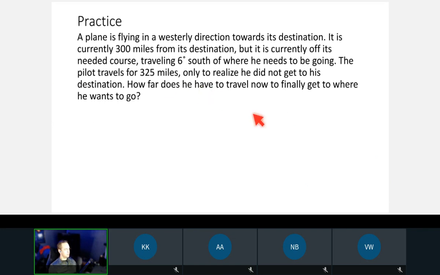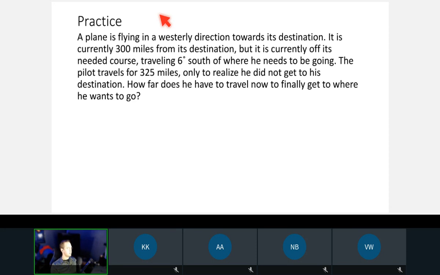All right. So my last two examples. Let's get through this. Word problems. You'd be given a scenario when your trig problem is a word problem like this. In this case, a plane is flying in a westerly direction towards a destination. It is currently 300 miles from its destination, but it is currently off its needed course, traveling 6 degrees south of where he or she needs to be going.